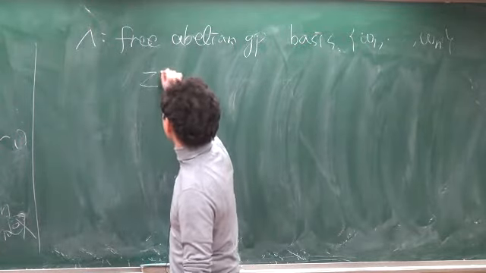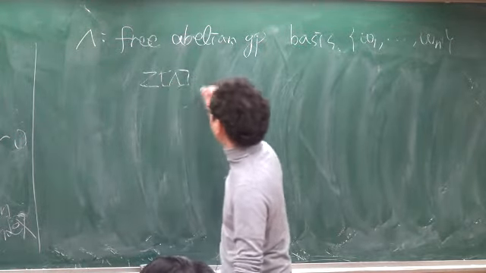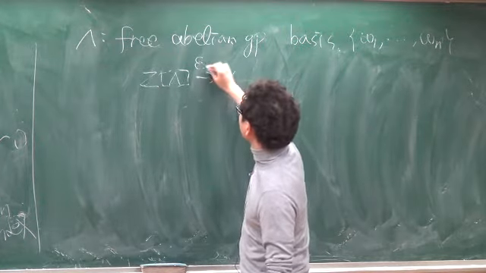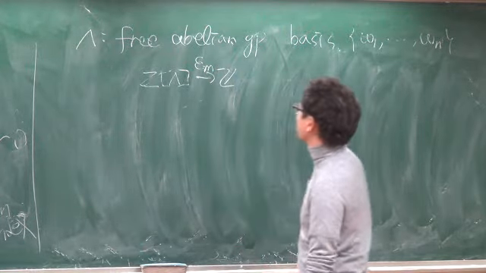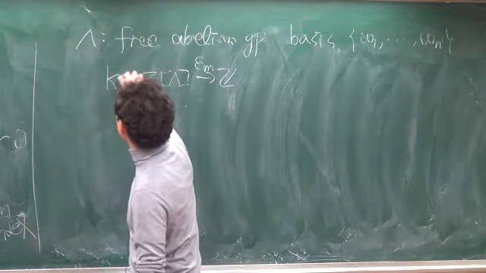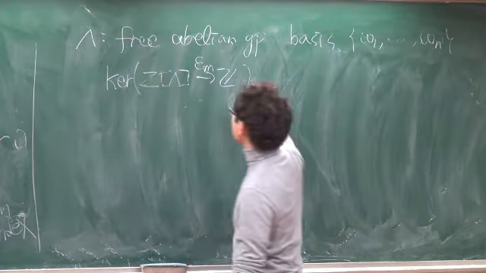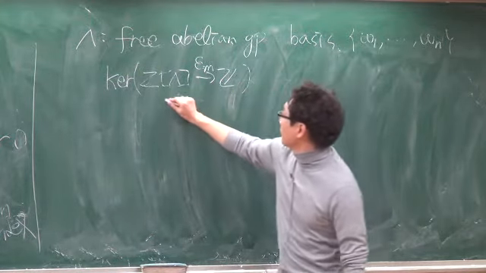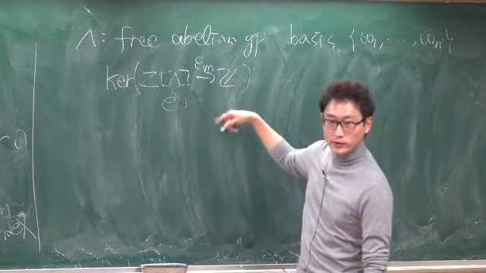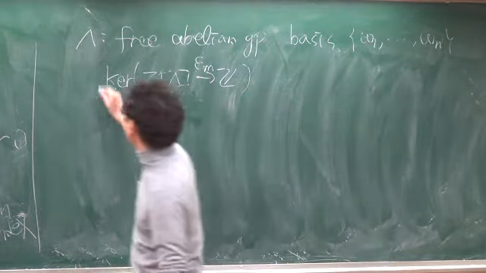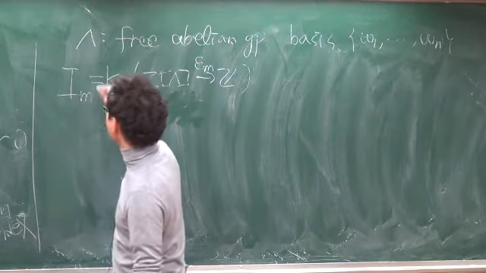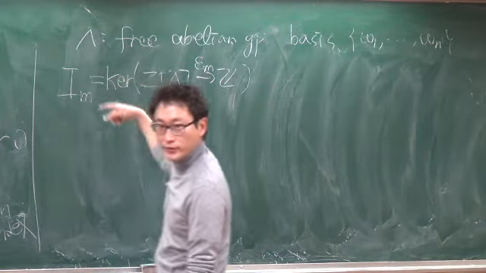One is from the group ring Z[Lambda] to Z, which we denote by epsilon m. This augmentation map sends e to the lambda to just 1. And this kernel is denoted by I, the multiplicative augmentation ideal.